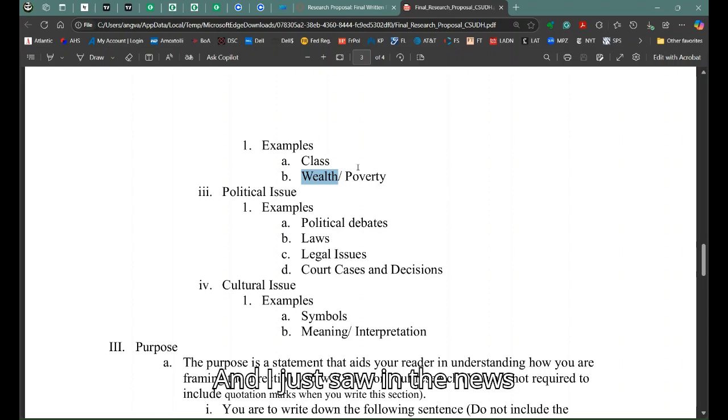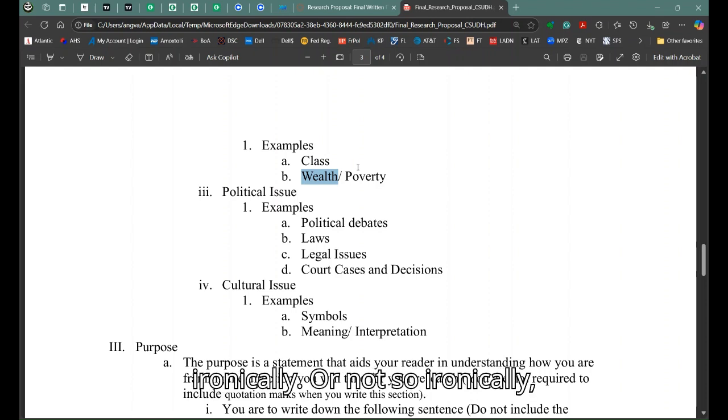And I just saw in the news a day or two ago that Musk and Ramaswamy have identified, I believe it said, $200 billion in cuts because they're planning to try to cut, I believe, $2 trillion from the U.S. government budget.